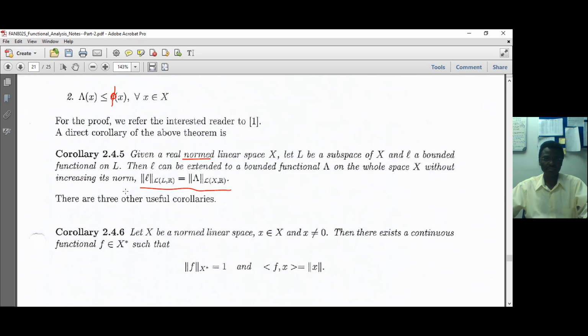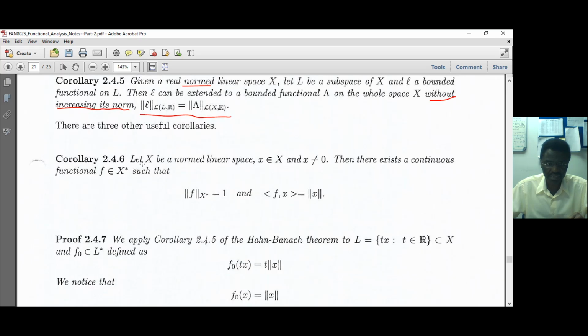They are the same. That's the difference. You see, we said without increasing the norm, so the norm remains the same. Okay, so that is it for this corollary.